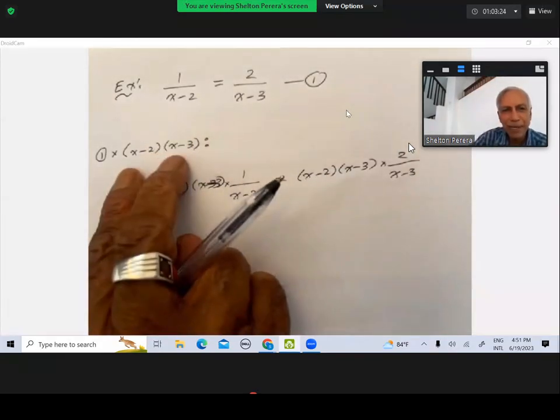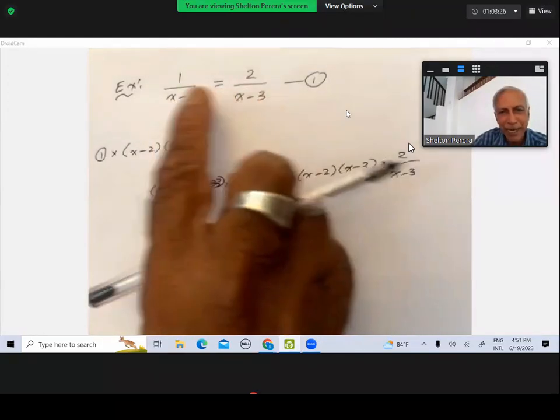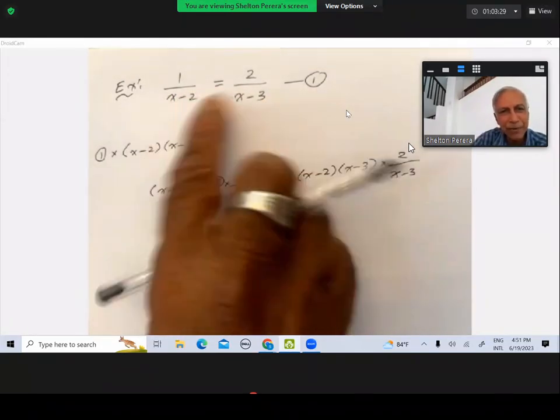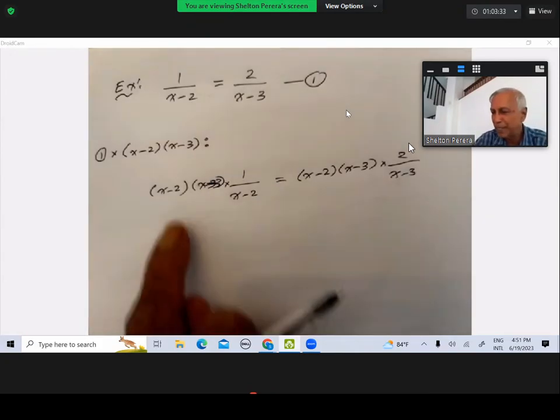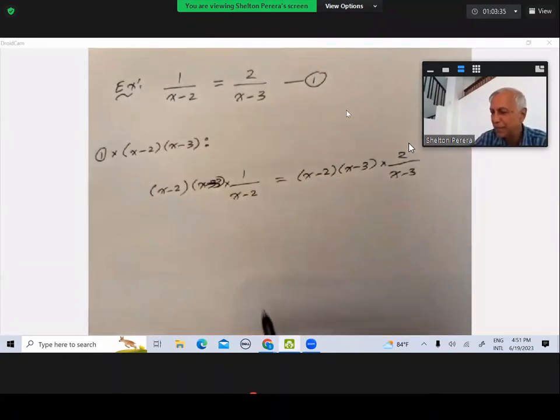Earlier I multiplied by 2 and 3 to get 6, so same thing here. This is the least common denominator of this equation.